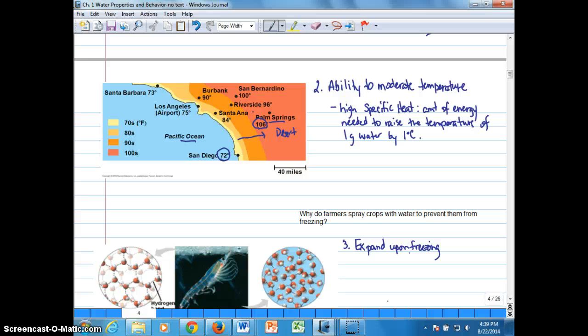So if we have the same amount of energy coming in from the sun, contacting surfaces in the desert, or warming air contacting air molecules in the desert, as that energy coming into those coastal areas, because the desert air is low in moisture, the temperature is going to rise much more dramatically than we see at the coast.